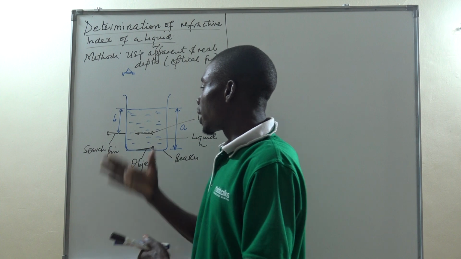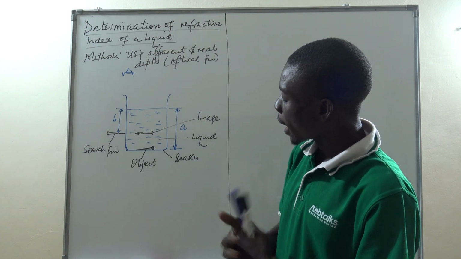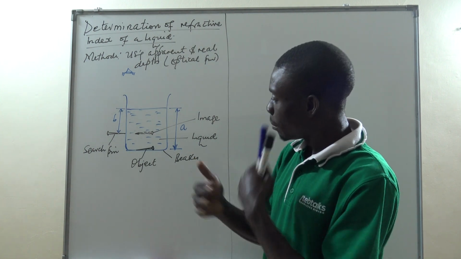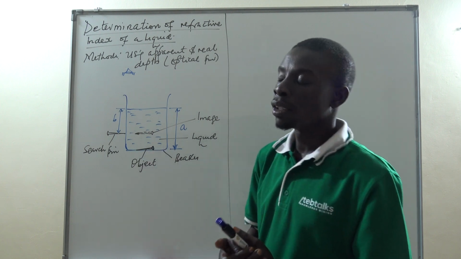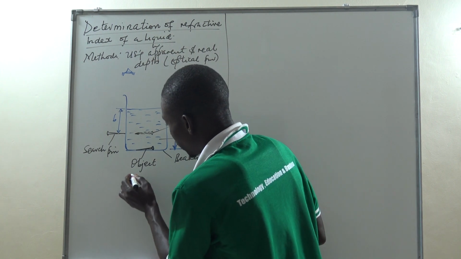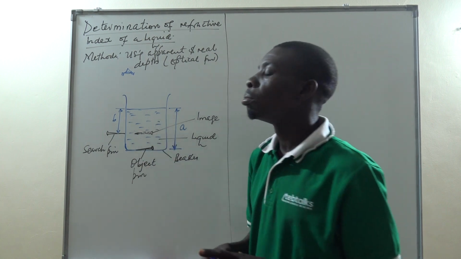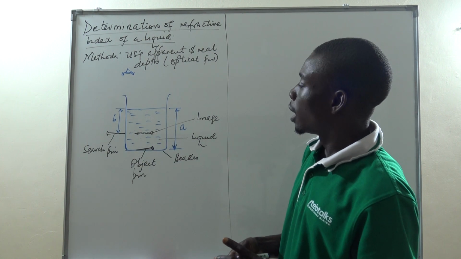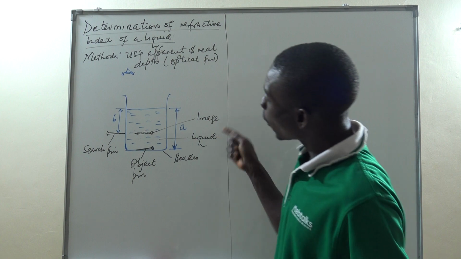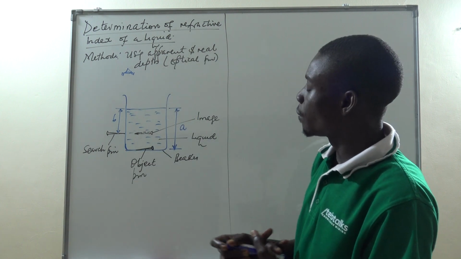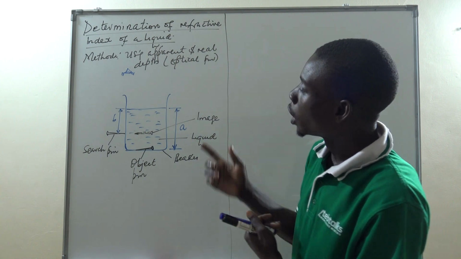So now, using this, how do we determine the refractive index? One, you are required to get an empty beaker and then place your object pin. The object is a pin. Place an object pin at the bottom of the beaker, and then you now add the liquid whose refractive index is required into the beaker.